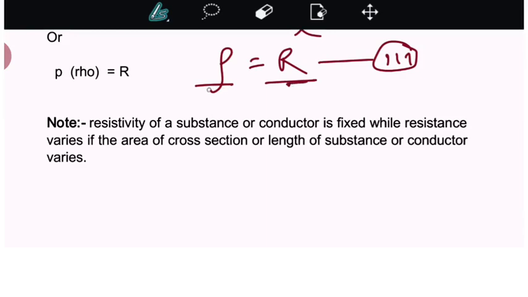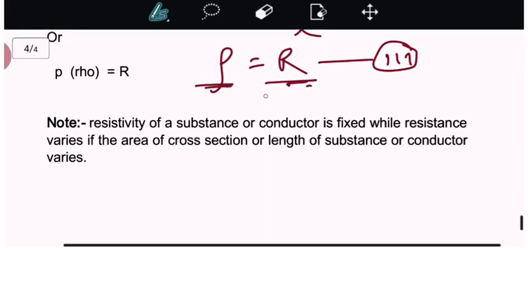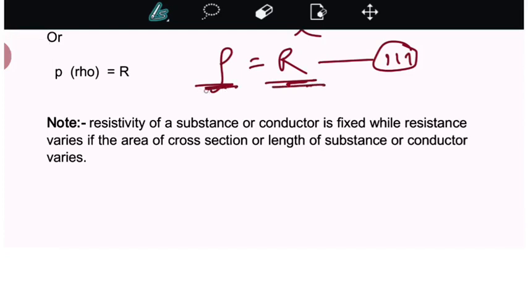At that state rho will be equal to R, meaning a specific resistance is also resistance. But what is the condition? The length of the conductor is 1 meter and the area of the conductor is 1 meter square.